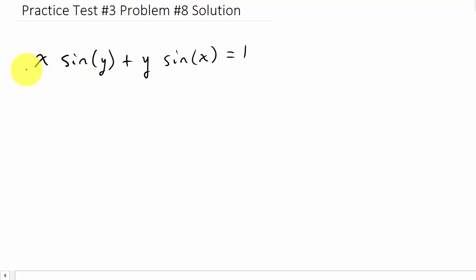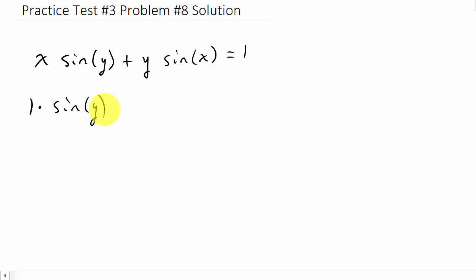So the derivative of, remember product rule, it's the derivative of the first term times the second term plus the derivative of the second term times the first term. So just take the derivative like you normally do. The derivative of x is 1 times the second function.